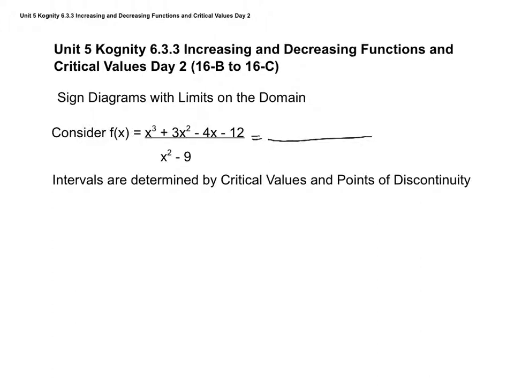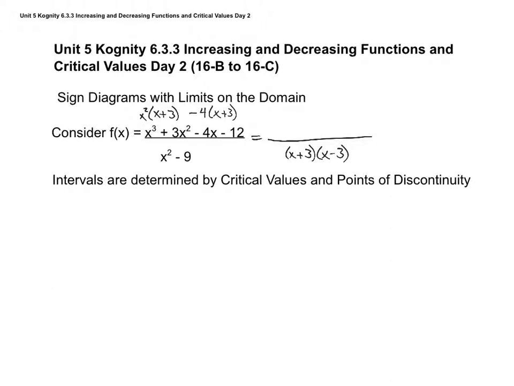If I were to factor this, the bottom would be x plus 3 times x minus 3. In the top, I would do that factoring by grouping. I'd have x squared times x plus 3, minus 4 times x plus 3, grouping the first two terms and the second two terms.